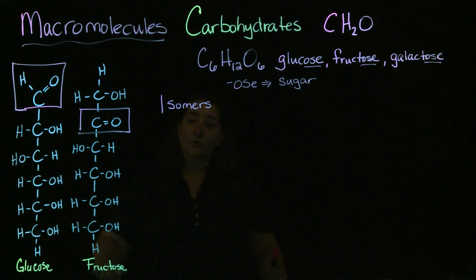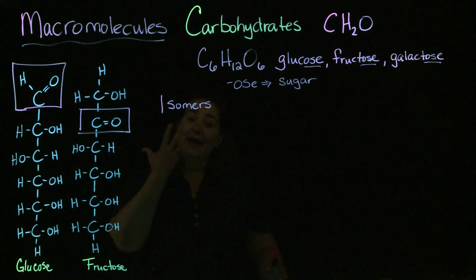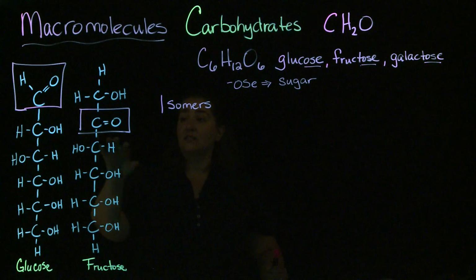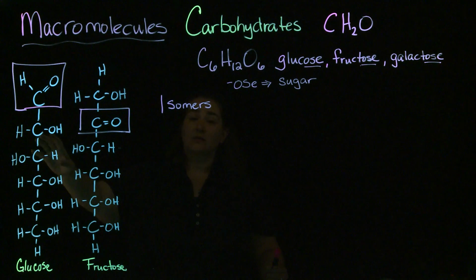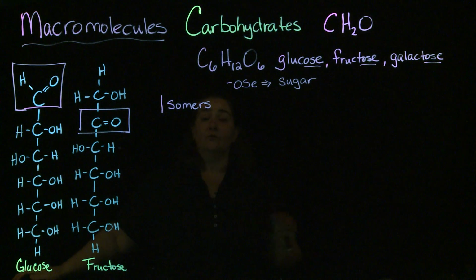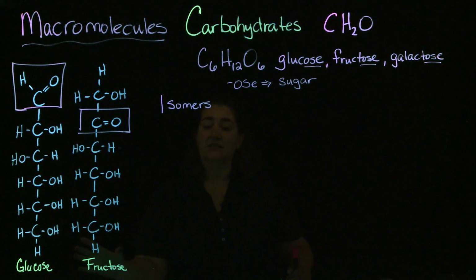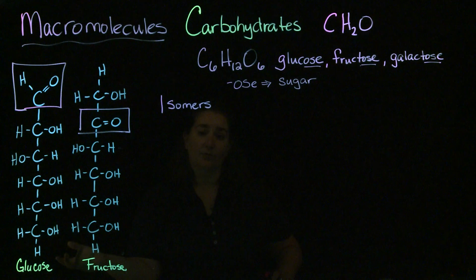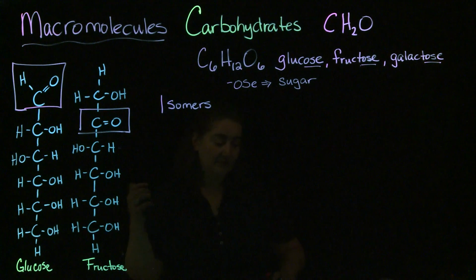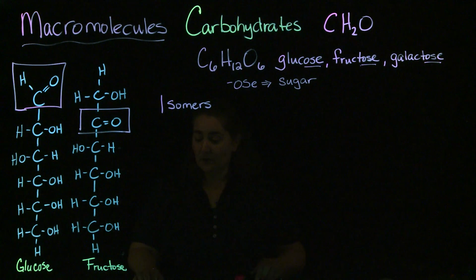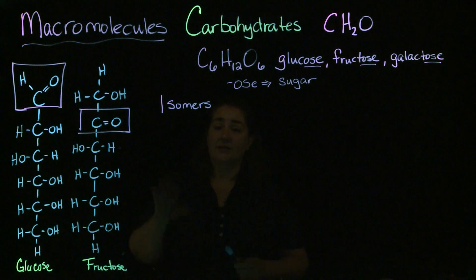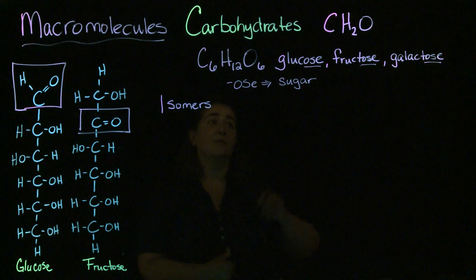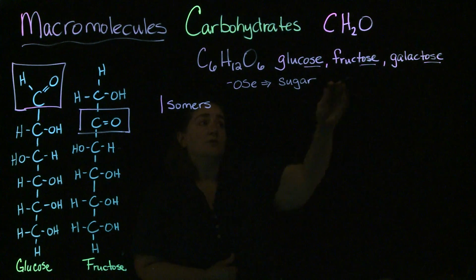To our palate, when we taste it, it tastes sweeter than glucose. So in the food industry, they can add less fructose to get the same amount of sweetness that they would get with glucose.